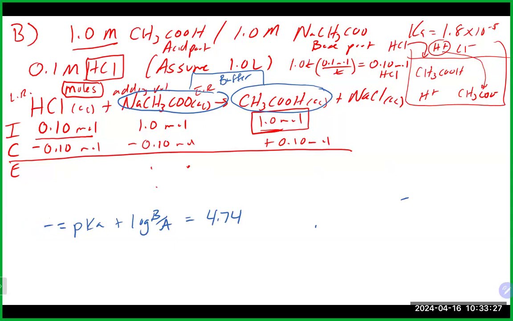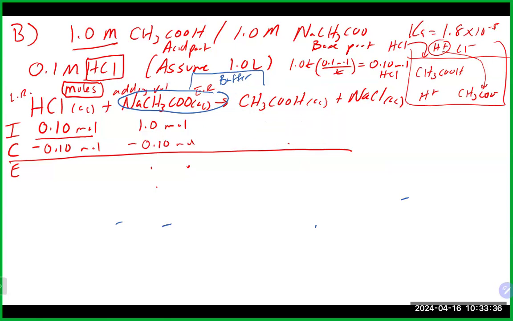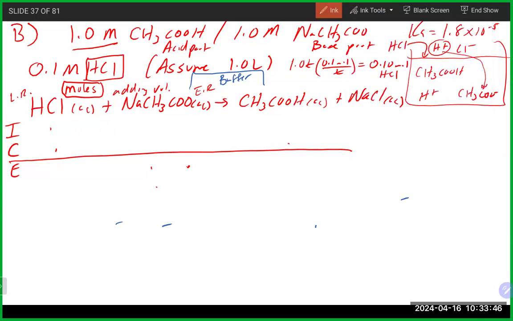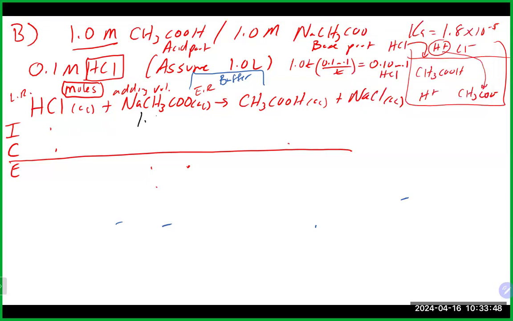So let's say that we have this exact same buffer that we made, and you were going to throw in there the 0.1 moles of the HCl like you wanted to do. So initially here, we would still have our 1 mole of acetate and our 1 mole of acetic acid.